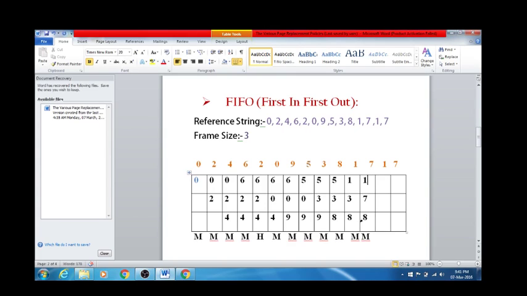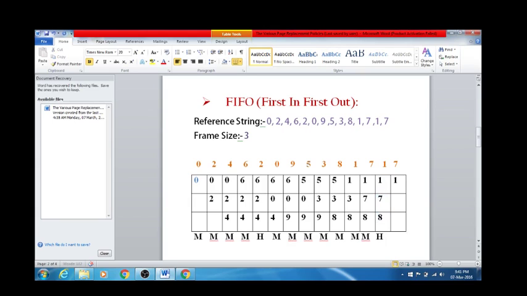Now in the memory I can see in the 3 frames that 1 is already present, so I do not have to add it again, so this will become a page hit. And the last number in the reference string is 7. As you can see, 7 is already present in the second position.